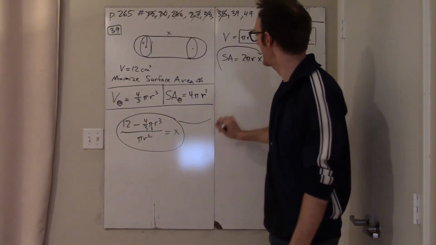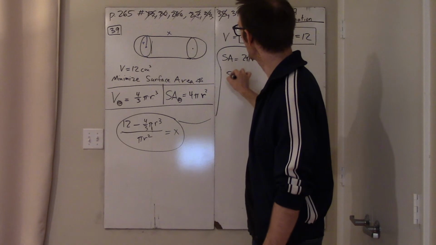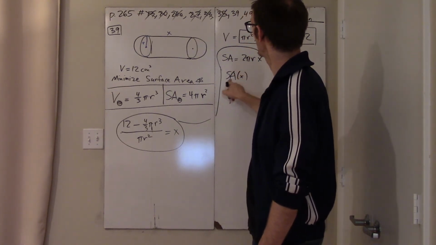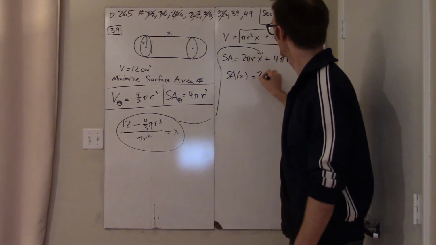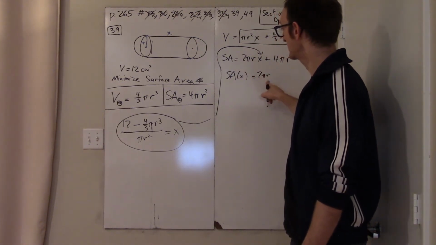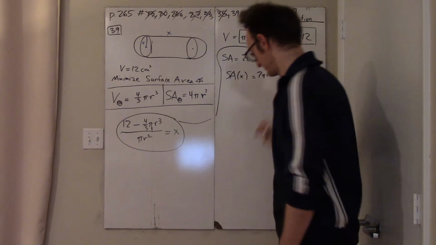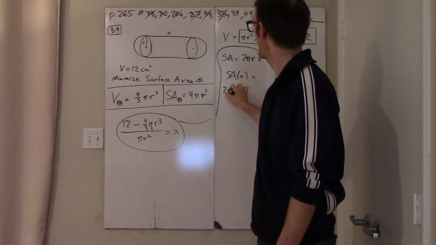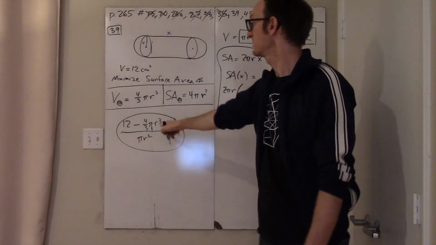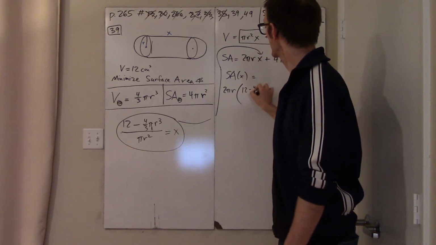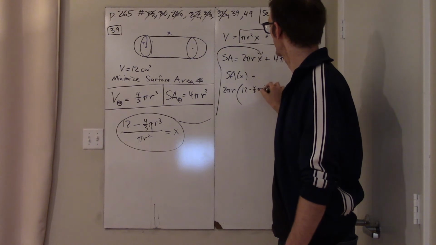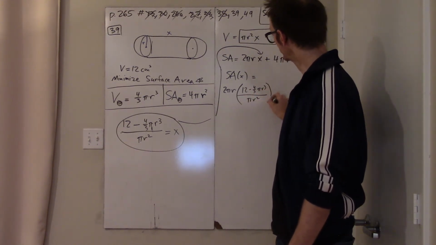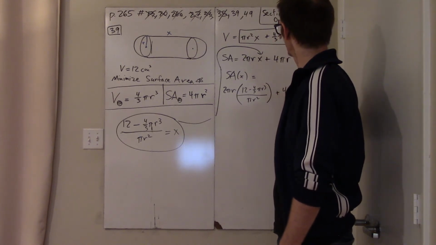If you do that, now I can get the surface area expressed in terms of just one variable. It's going to be 2 pi r times x, which is this disgusting thing. I think I need a new line here. It's going to be 2 pi r times 12 minus 4/3 pi r cubed all over pi r squared, plus 4 pi r squared.